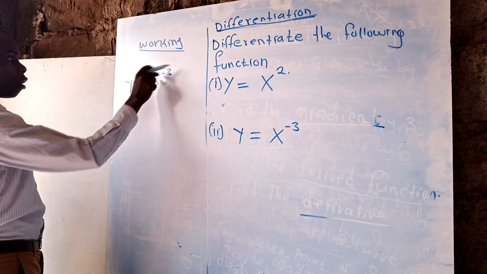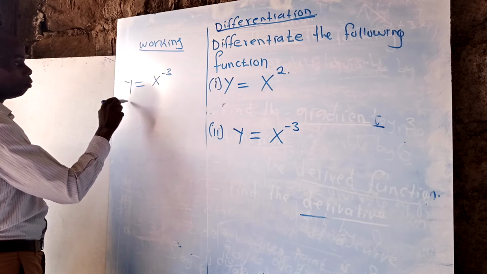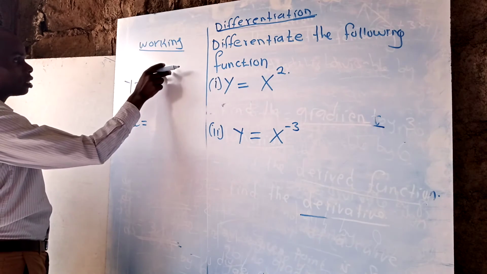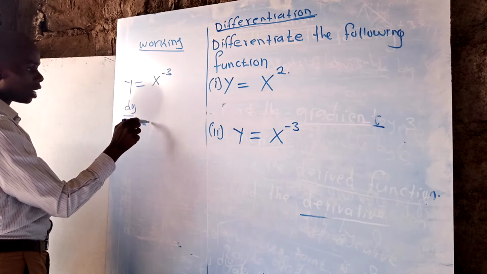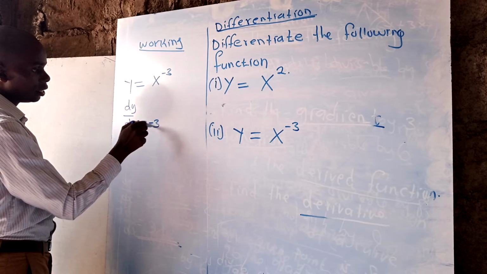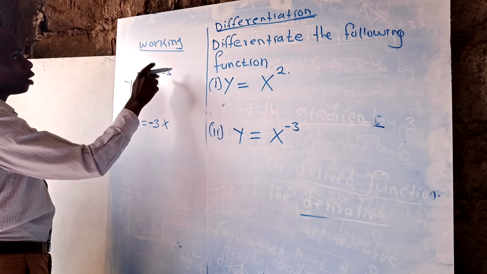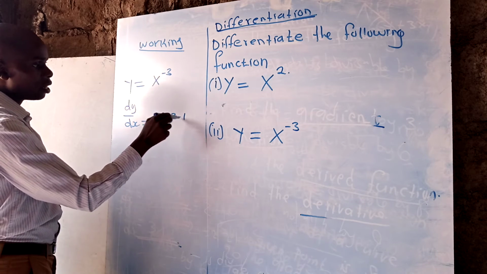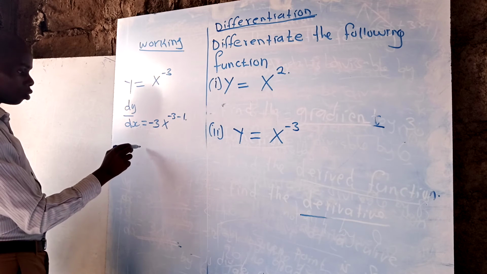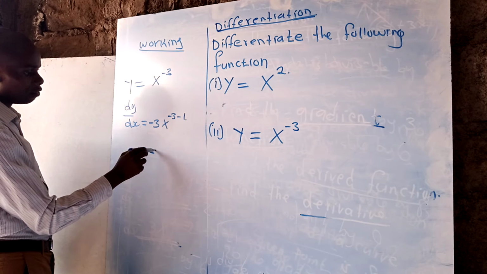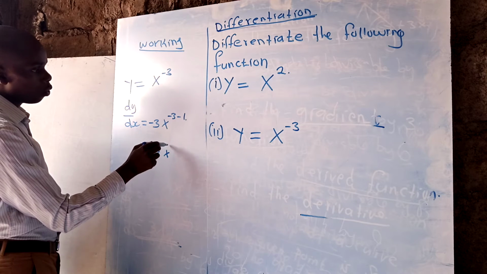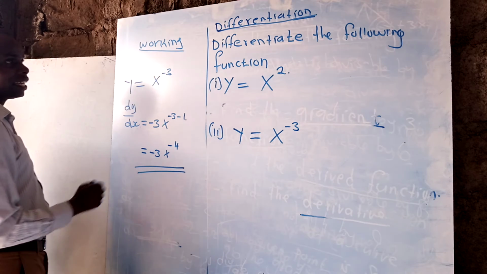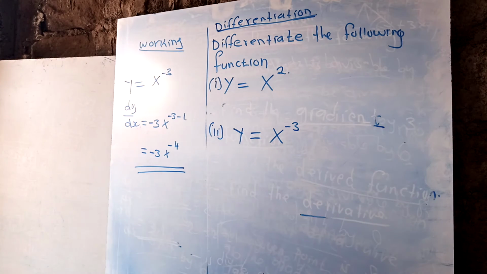So this power, we're going to put it here. So dy over dx is equal to negative 3x. We raise it to negative 3 take away 1. Negative 3 minus 1 is negative 4. So our gradient function is going to be negative 3x raised to power negative 4. This is what we call the gradient function or the derivative.